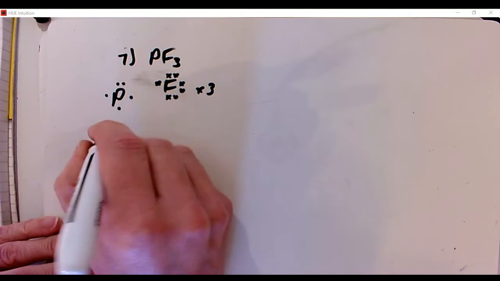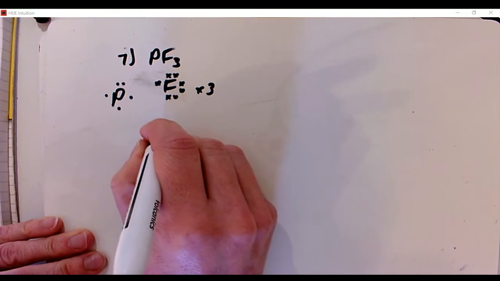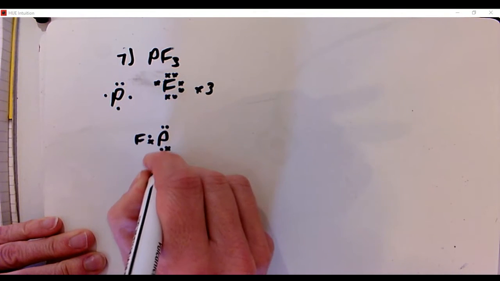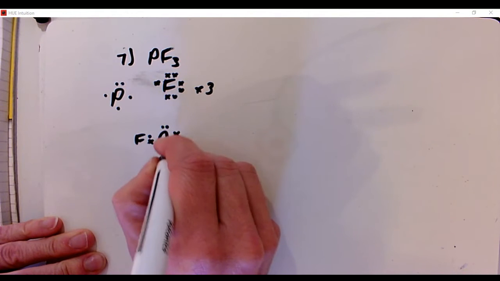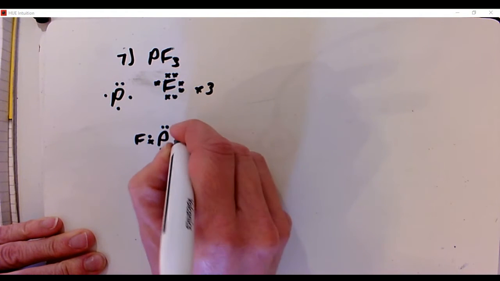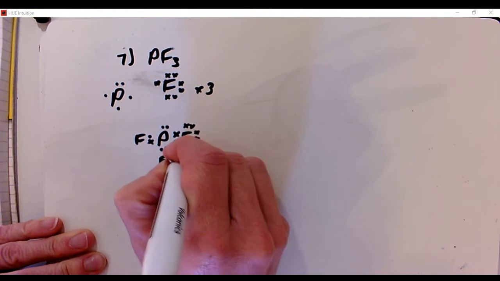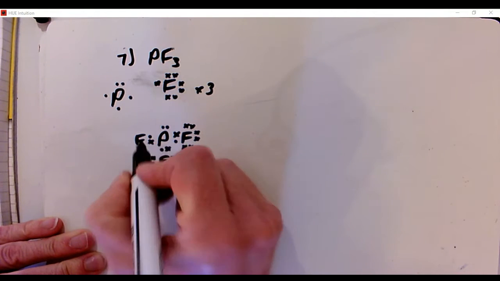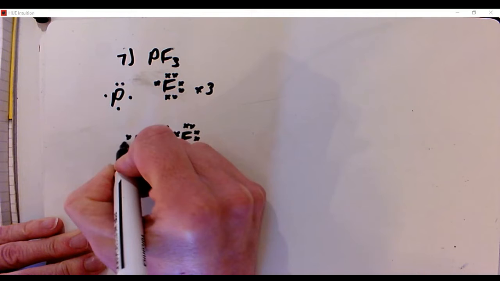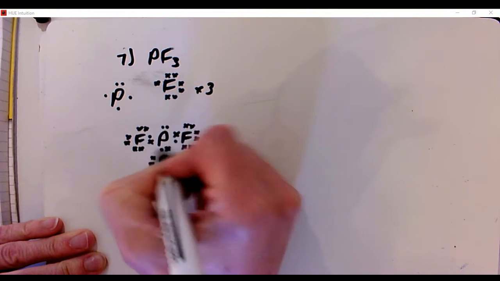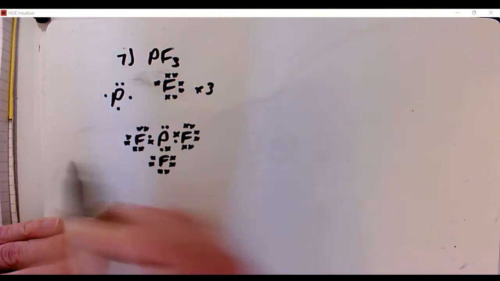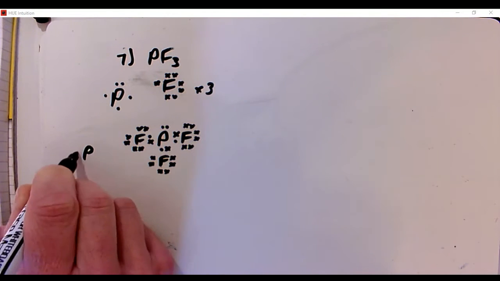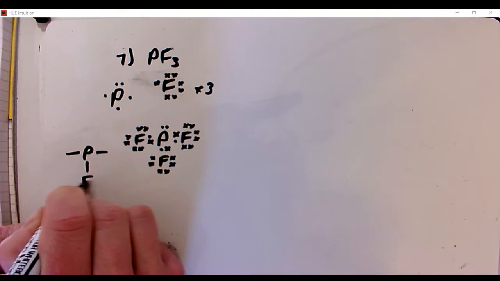So you're ending up with P with a lone pair, dot X, and then covalent bonds with fluorine, and then just put in all the other fluorine electrons. Don't forget to do that when you do these kind of diagrams. Okay, so that has 1 lone pair and 3 bonding pairs, right?